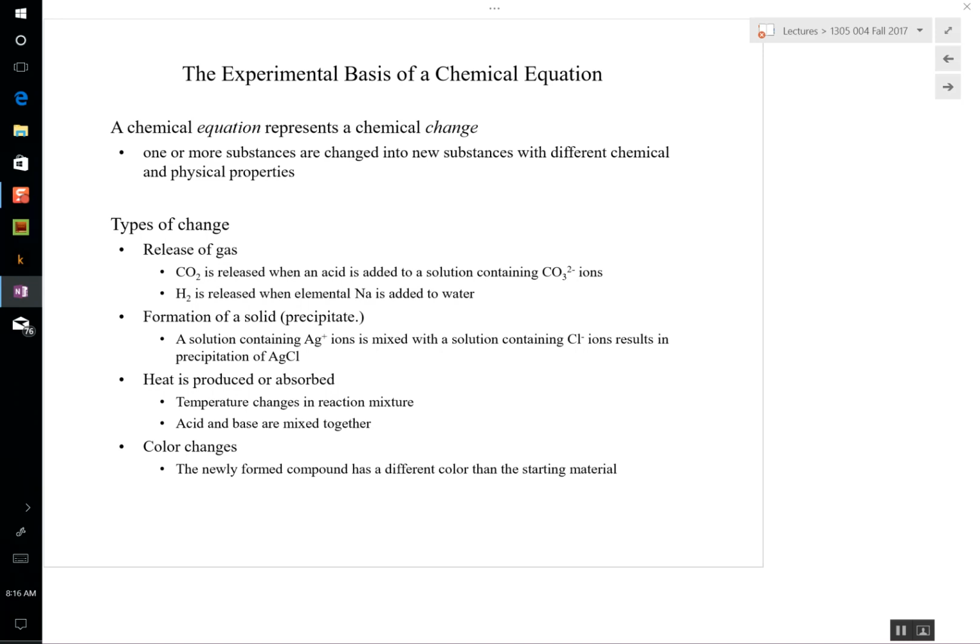You can get some of that just by dissolving something in water. It can change its temperature. Color changes, a new color forms. There must be something new developing there if you got a major color change.